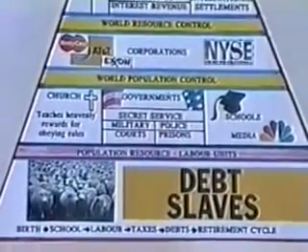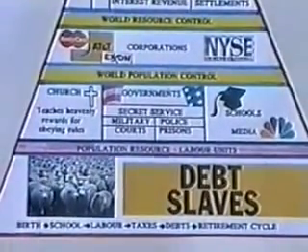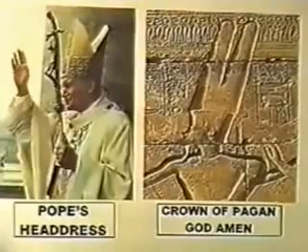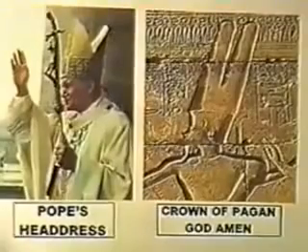Number 19. The Pope's headdress is strikingly similar to the headdress of the Egyptian god Amun. His bent cross resembles the scepter of Amun.